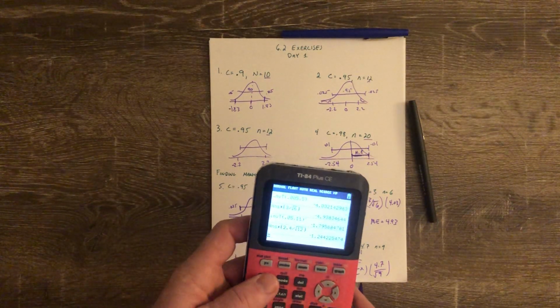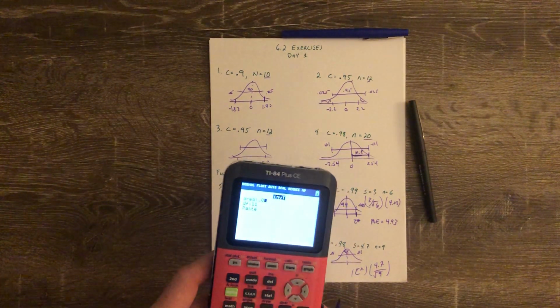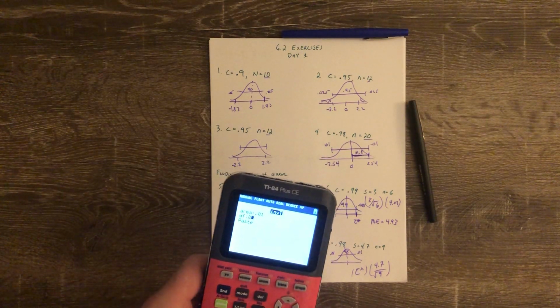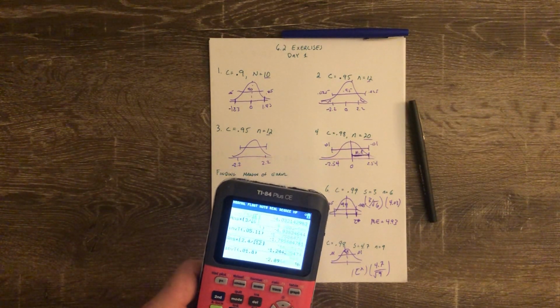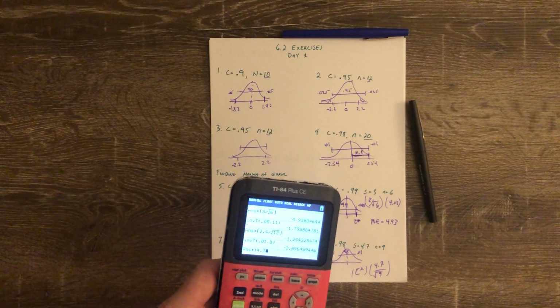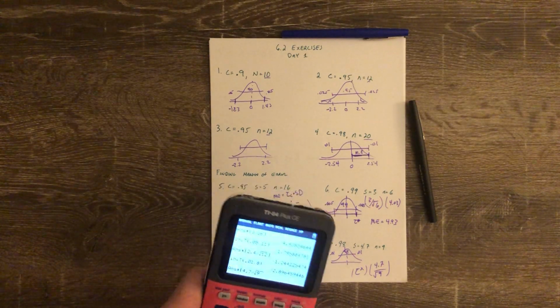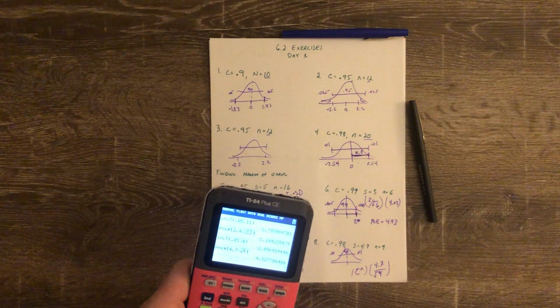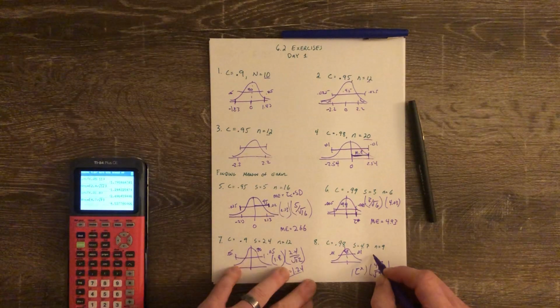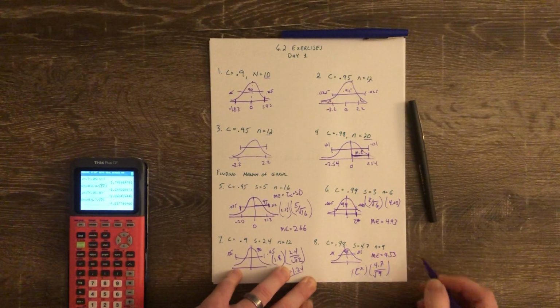So we go invert T, 0.01. We got 8 degrees of freedom this time. My T star is going to be 2.89 multiplied by 4.7 divided by the square root of 9. Let's see what that's going to give me. 4.53. So margin of error here is 4.53.